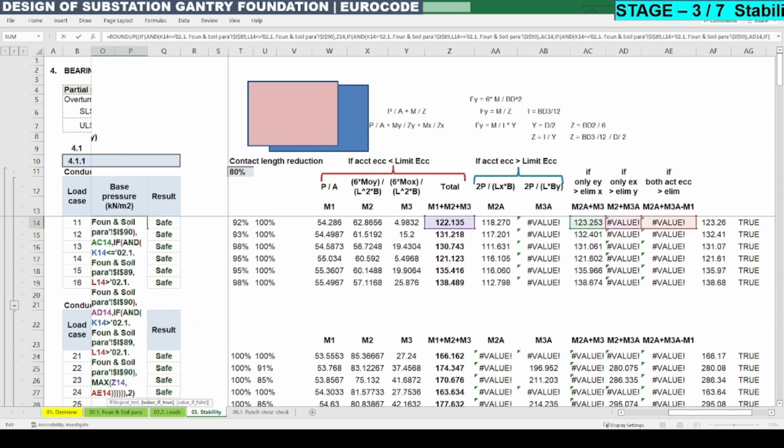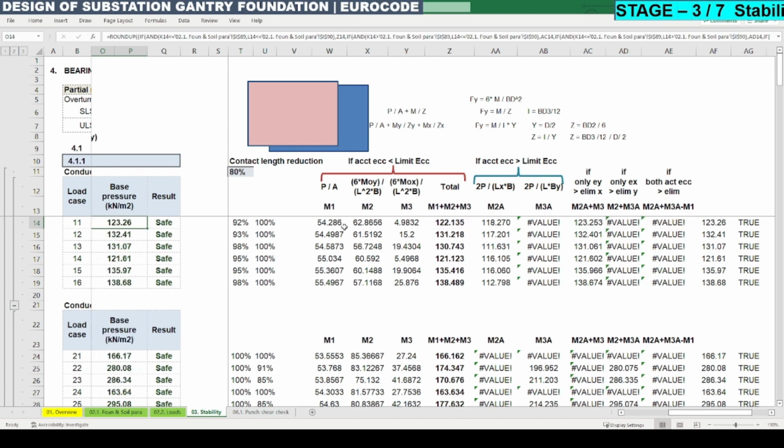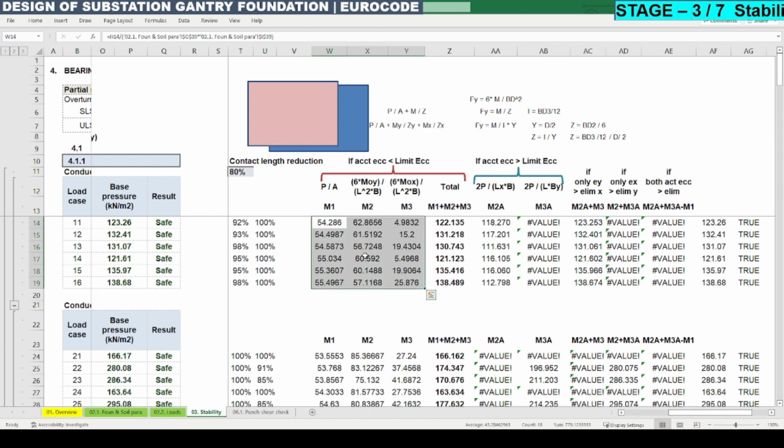So it is a large condition applied, what we had discussed earlier. If the actual eccentricity in one direction is less than the limiting eccentricity, then we need to consider this row. If both eccentricities are within the limiting eccentricity, then we need to consider this.